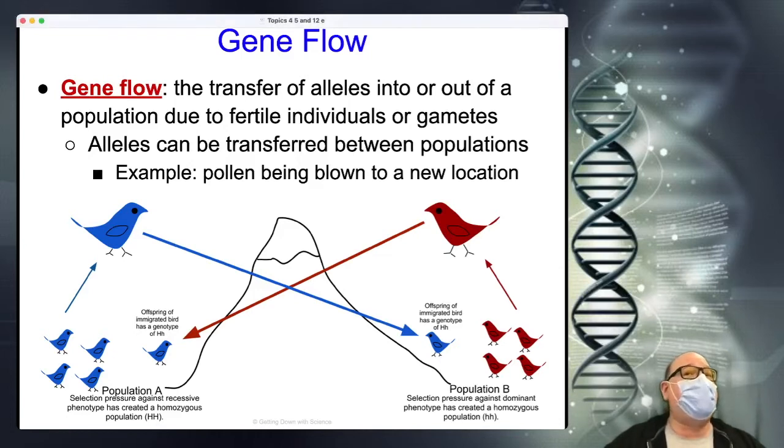Sometimes it can just be random. Pollen just goes where the wind blows it. But some animals actually seem to have a gene flow behavior. So this is when we see alleles transfer from one population to the other.